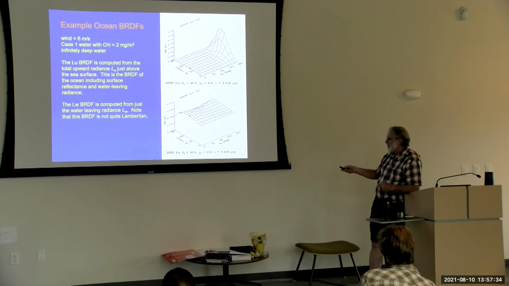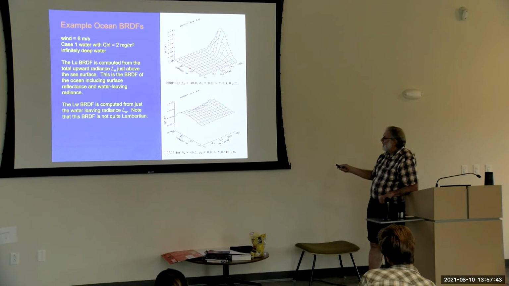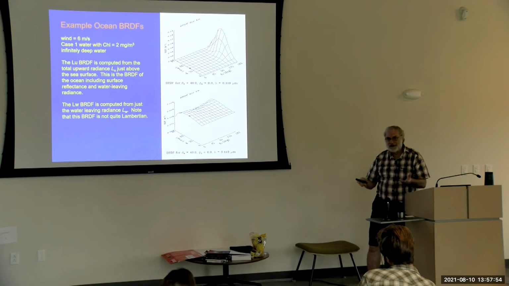If you wanted to just use the water-leaving radiance, then you don't see this big bump because there's no specular reflection. With the sun here and the specular point over here, here's this BRDF for the water-leaving radiance.